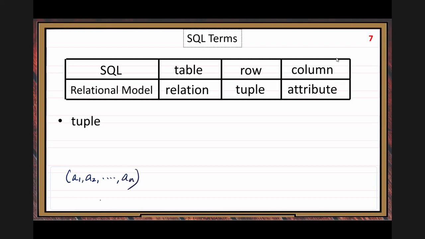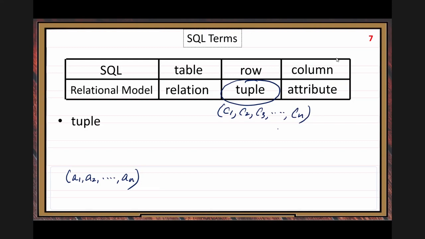We call it a tuple. In a table, we use this concept, so each row we treat as a tuple, because each row will have column 1, column 2, column 3, and so on, up to column n.